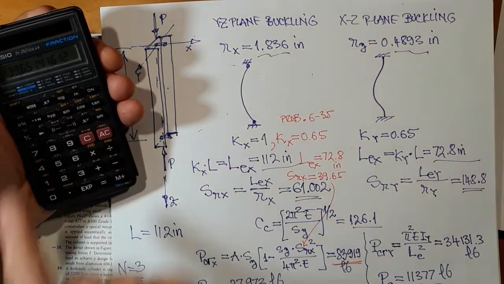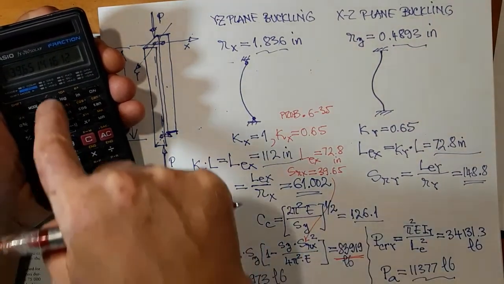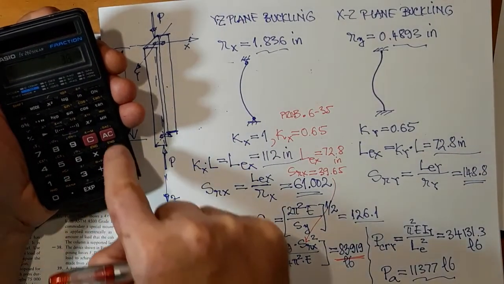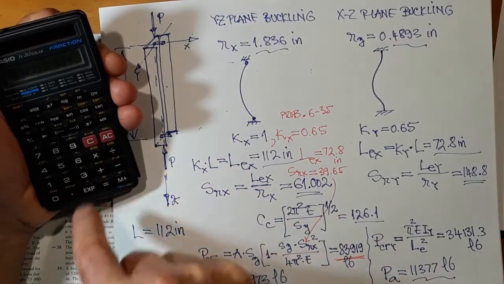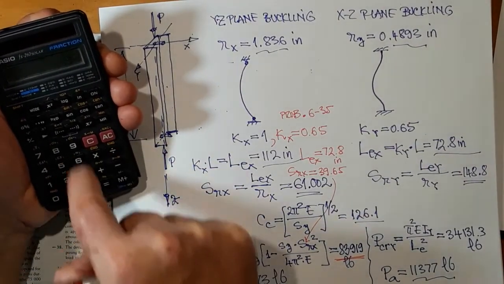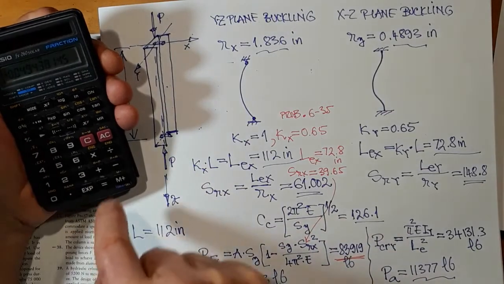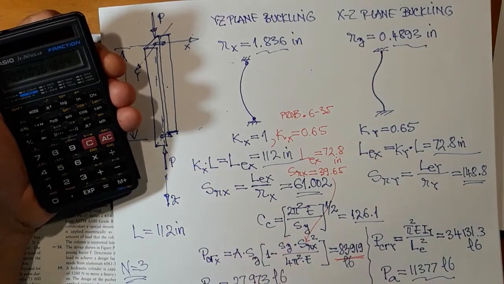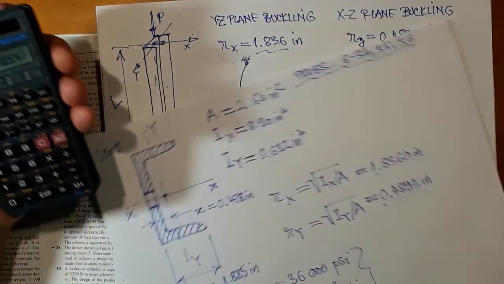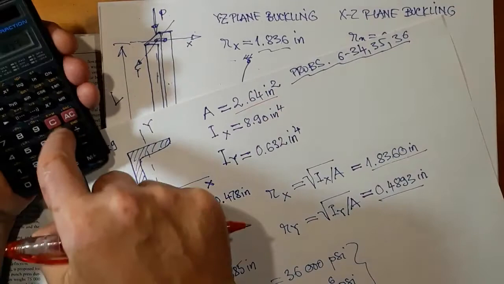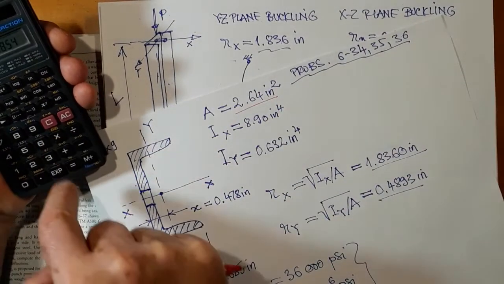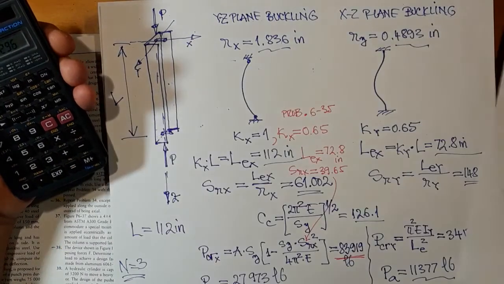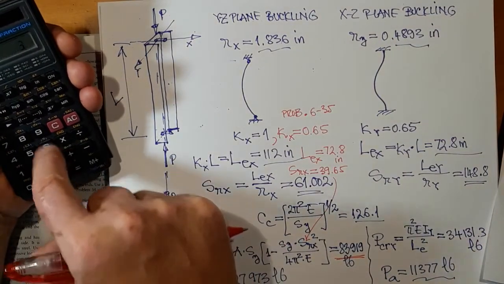So we have the slenderness ratio, we square it, times 36 exponent 3 over 4 over pi over 29 exponent 6 equals, put a minus, plus 1 equals, times the area, so times 2.64 times 36 exponent 3 equals.